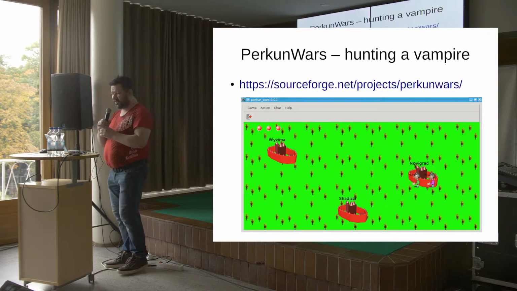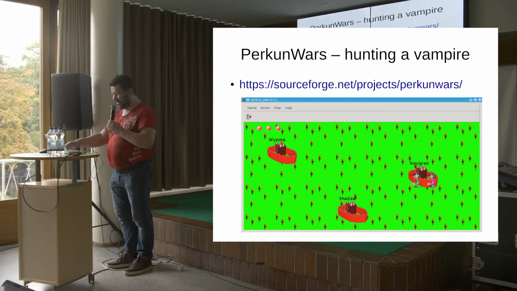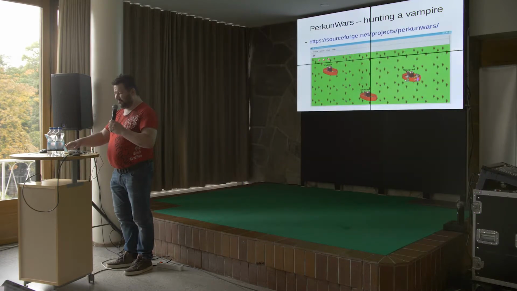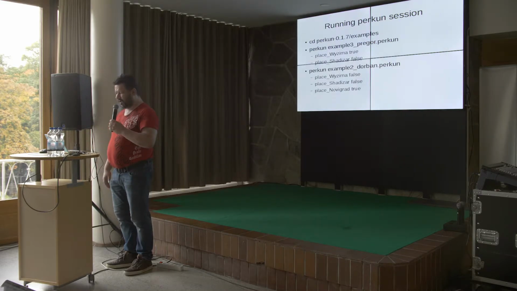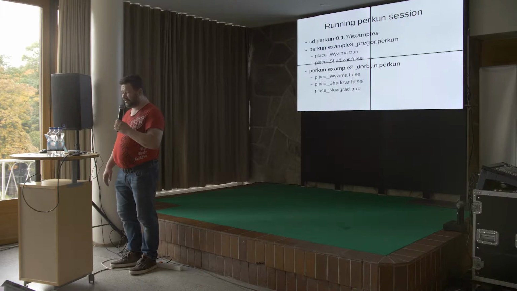It is working on pipes and processes, and for each NPC there's a process that runs the Perkun interpreter, because Perkun is an interpreter. I should have told you that in the beginning. It is an interpreted language. But you don't need the game to run a Perkun session.